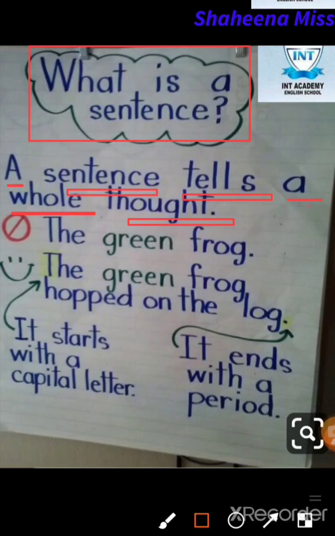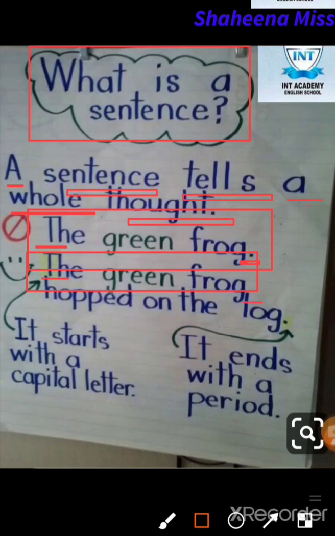You can see a sentence over here. The green frog. It is not a complete sense. Capital letter, ends with a full stop. Then: The green frog hopped on the log. Capital letter, full stop.